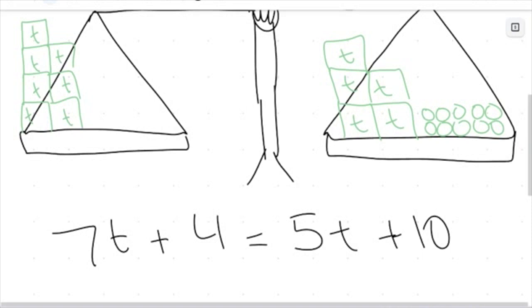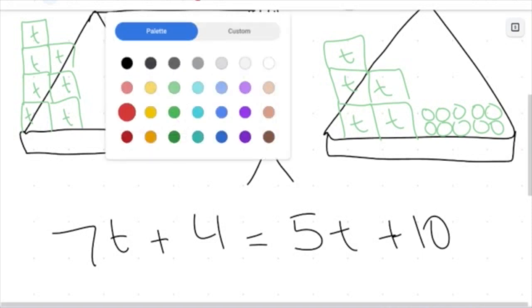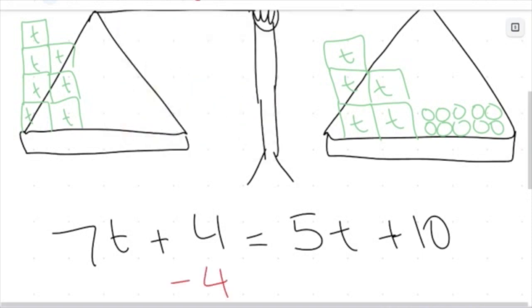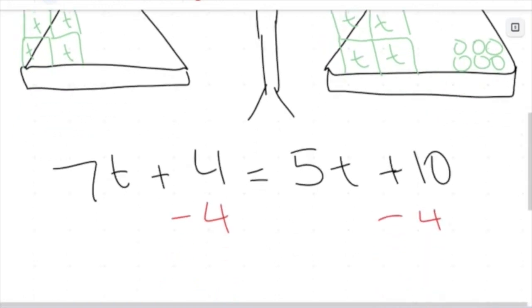So to show you mathematically what I've done there, I'm removing 4 marbles from this side, and I want to balance the other side, because if I don't, my 2 scales are going to get really unbalanced. So I want to go 1, 2, 3, 4. I'm getting rid of 4 marbles from each to balance this out.